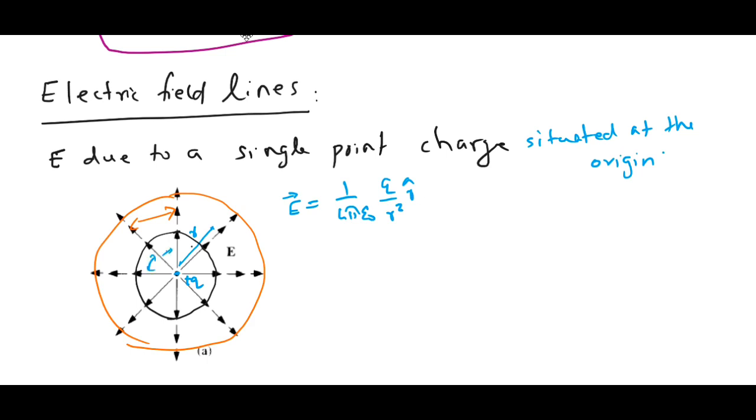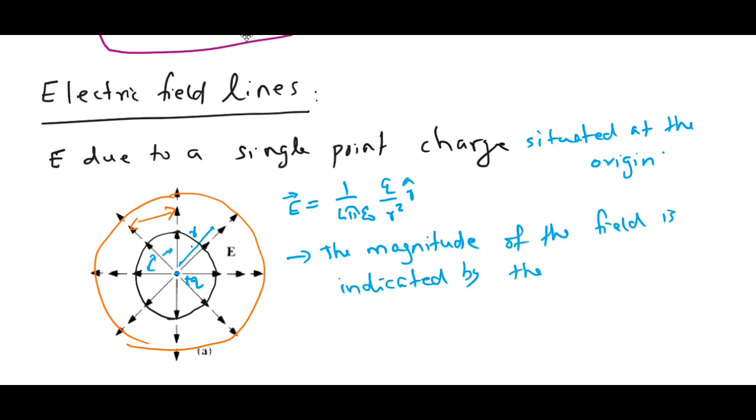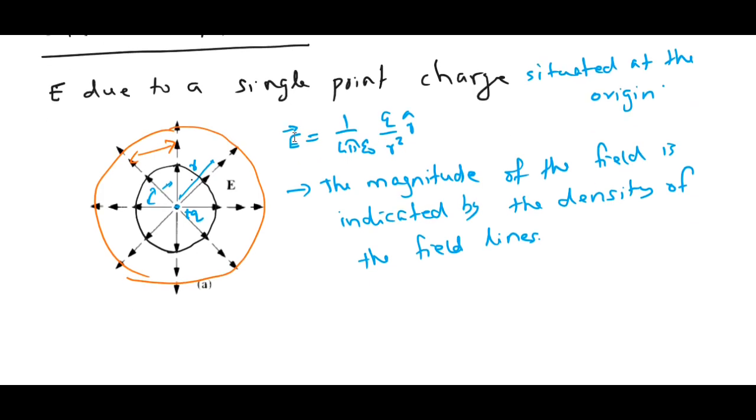That is, if the field lines are closer, like this one, at that point the field is very strong. And if the field lines are relatively far apart, like this one, the electric field is very weak.